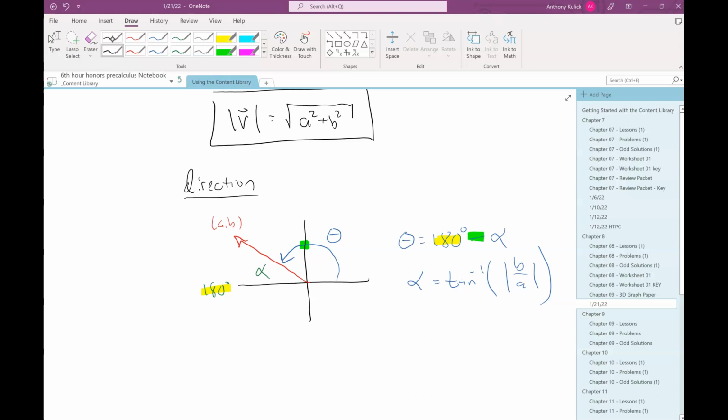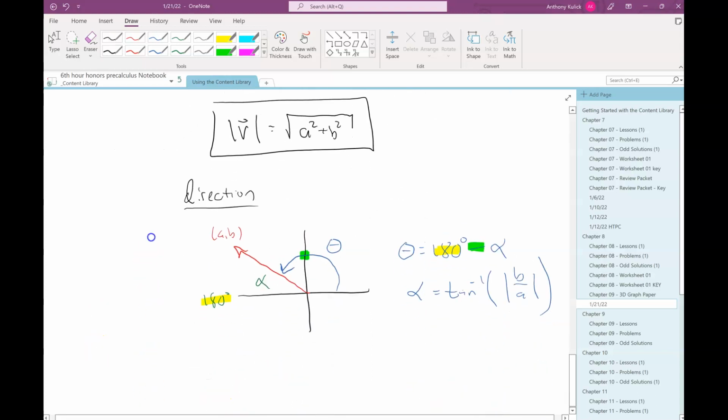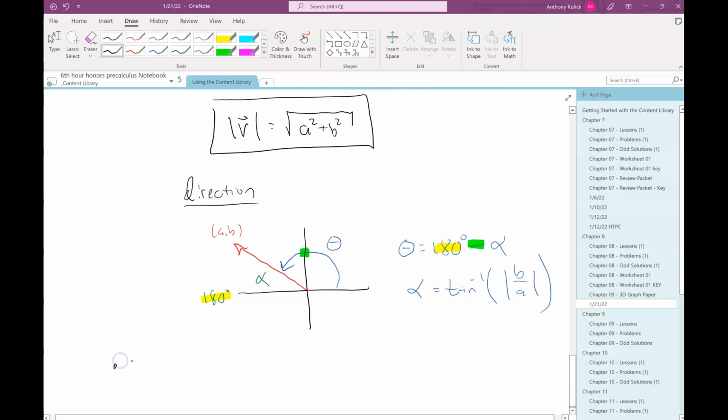Cool. Again, just reusing something we've done before. The next thing we'll do is going from component form to magnitude and direction. I'm sorry, we did that, that's what we just did. I wanted the other way: magnitude and direction to component form.